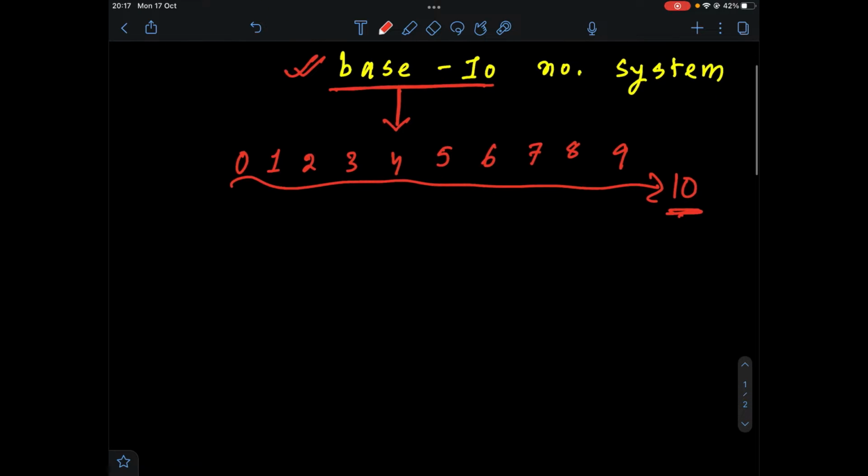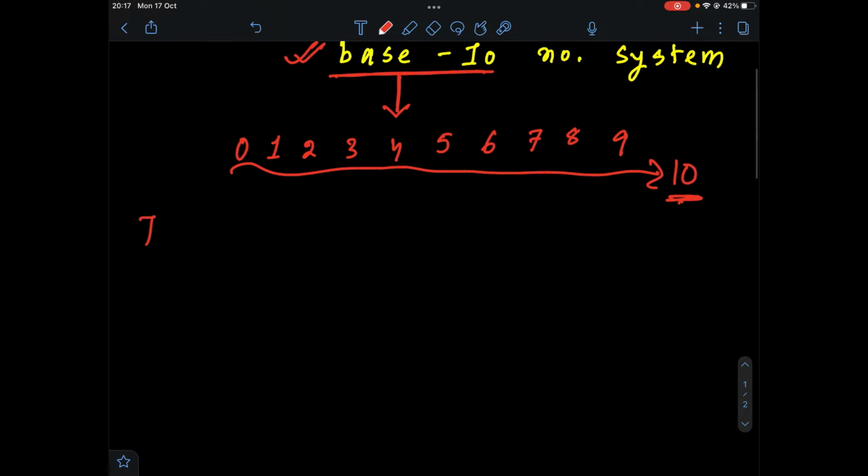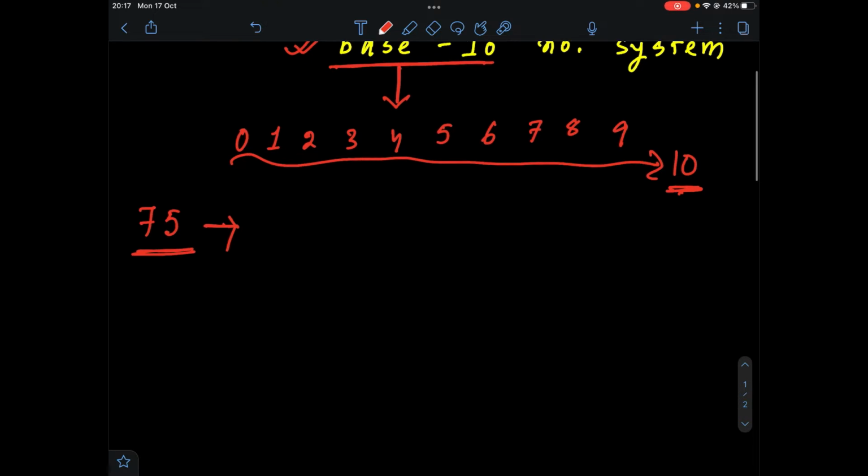Okay, so now suppose I'm writing 75. How can I represent this in terms of base 10? We all know since our childhood how to represent this 75, but still I am writing it for better understanding.